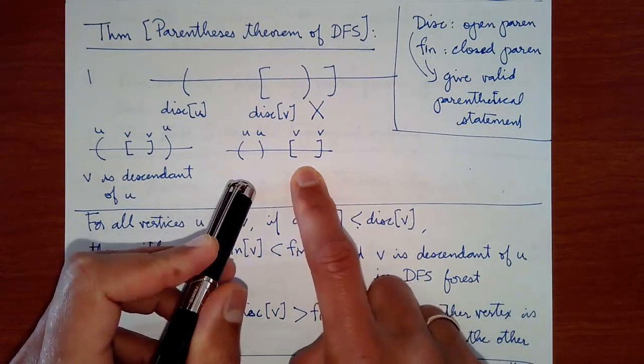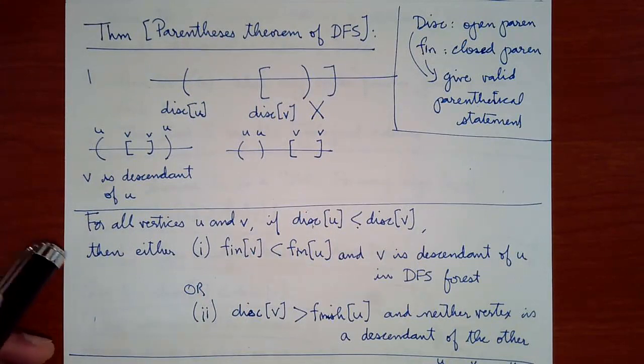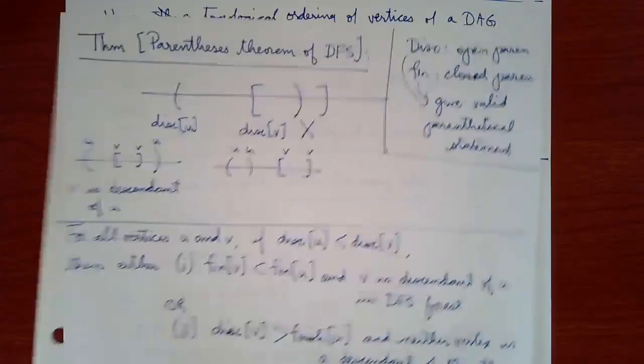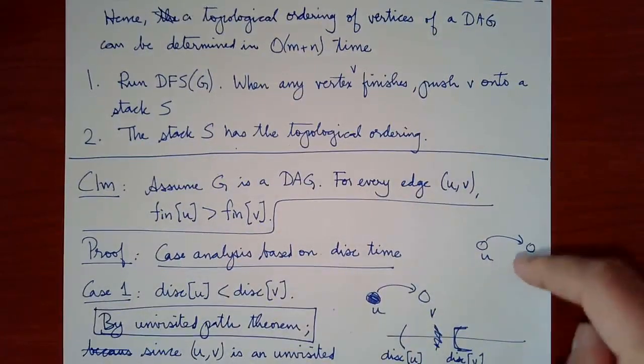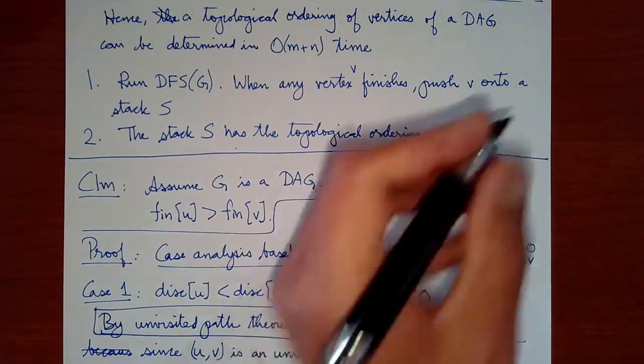It doesn't say anything about the relative finish times of edges themselves. Indeed, this is not true if the graph is a cycle.